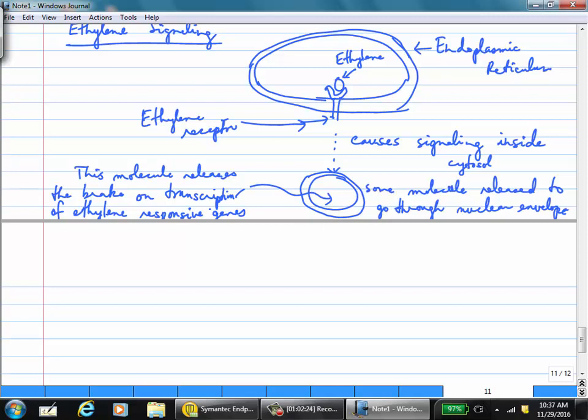So maybe it goes and releases the promoter region, something else was blocking there. Then ethylene responsive genes are now produced, they're transcribed, translated, and you have the response that's supposed to take place. Then you'll get the protein and so on, and some of them could even be transcription factors. But it'll get the procedure going.